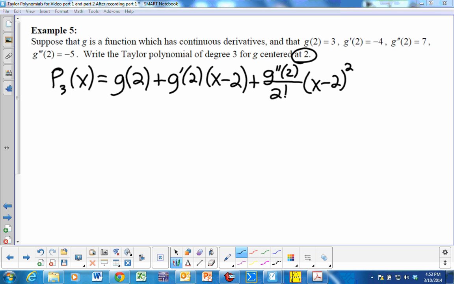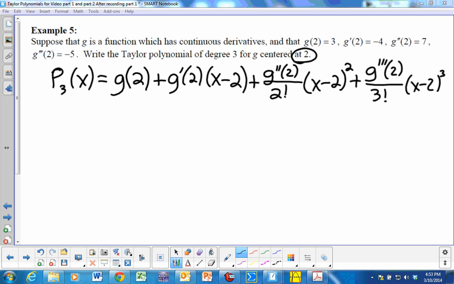And if we go one more, third degree, g triple prime at 2 divided by 3 factorial times x minus 2 cubed. And it just keeps going, same pattern: derivative, factorial, power, all the same.